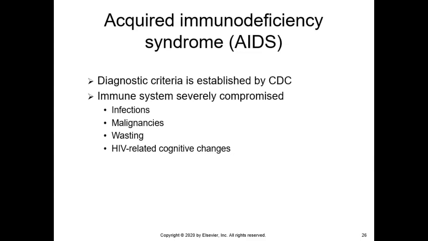So basically, AIDS is a severely compromised immune system. At this point, the life expectancy would be 3 years without treatment. So the current CDC criteria is CD4 count less than 200, or an opportunistic infection, or an opportunistic cancer, like Burkitt's lymphoma, invasive cervical cancer, Kaposi sarcoma, or a primary brain lymphoma, or wasting.